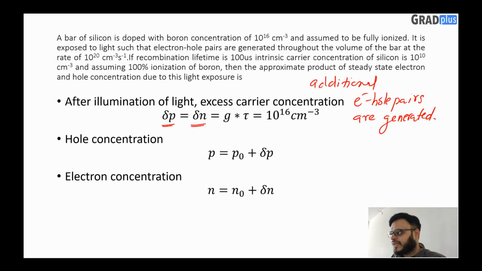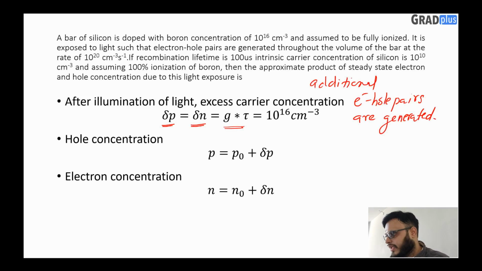So delta P will be equal to delta N and will be given by G into tau. What is G into tau? It is your generation rate and lifetime. It means how many carriers are getting generated and for how much time these carriers remain in the semiconductor.